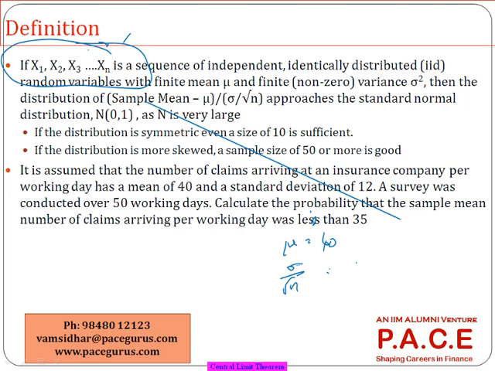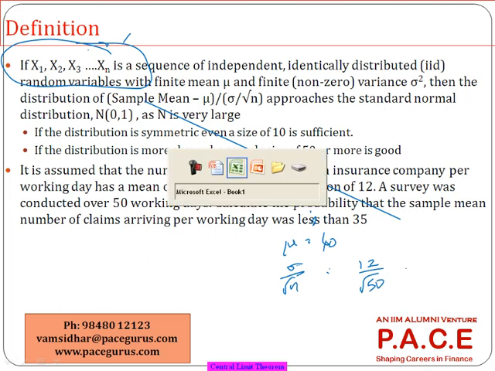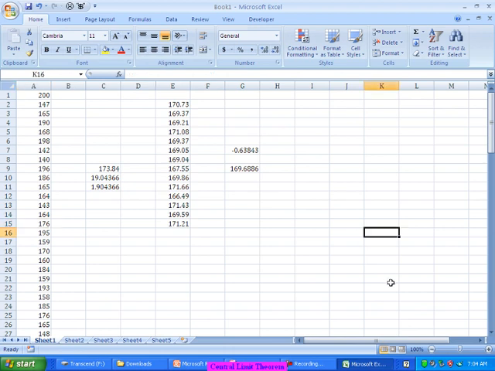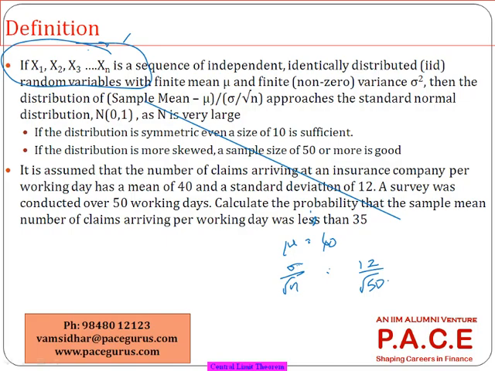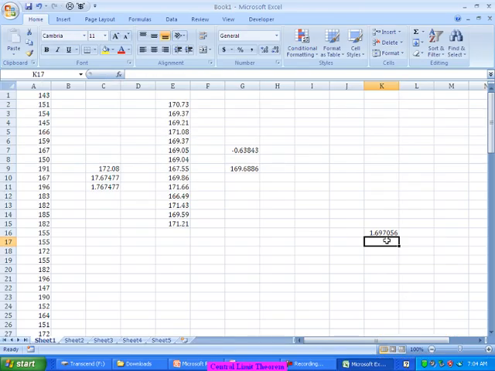Sigma by root n in our case is 12 by square root of 50. The standard deviation of the sample mean is 12 by square root of 50. This is the standard deviation of the sample means, 1.69. So the mean is 40.